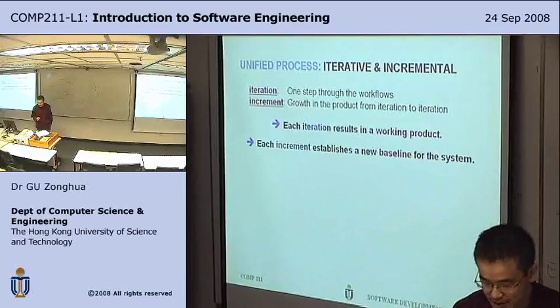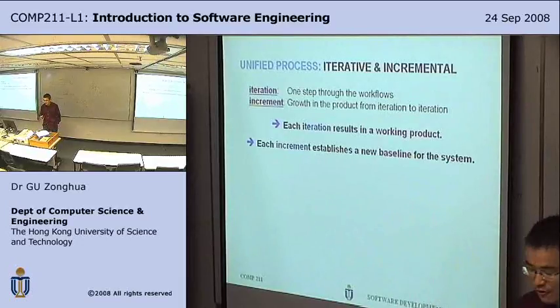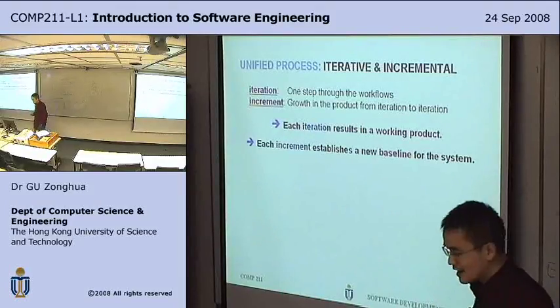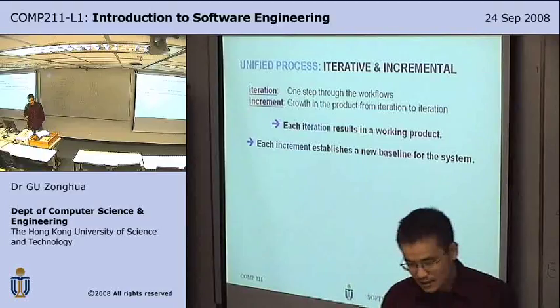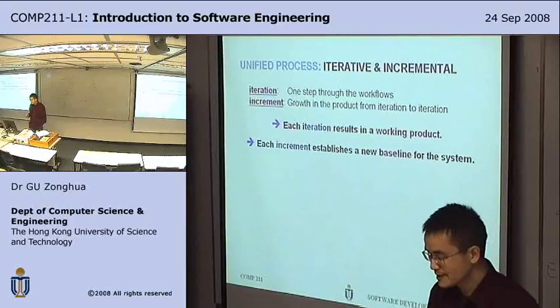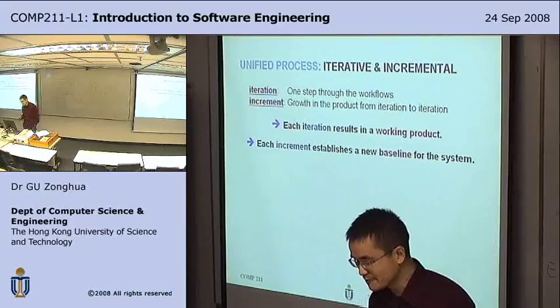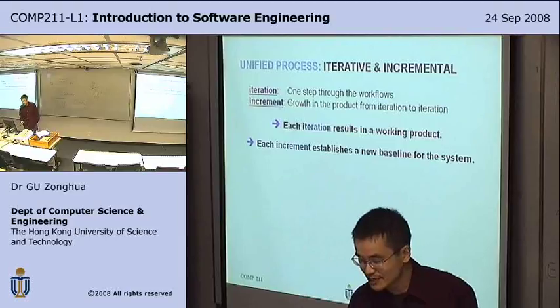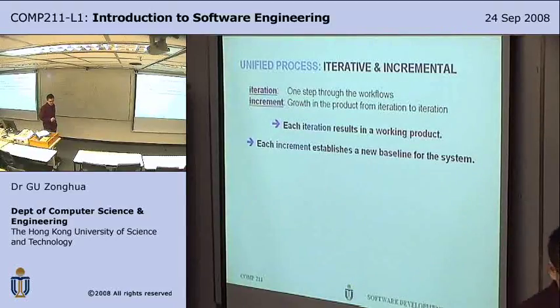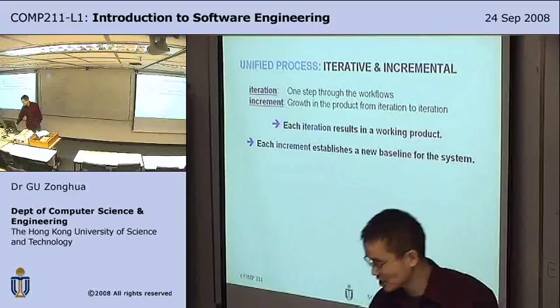Each increment establishes a new baseline for the system. That is, you never go back to a previous increment. You always go forward. A baseline means that you start from here. When you fall back, you always fall back to the baseline. You don't fall back to any earlier baselines.